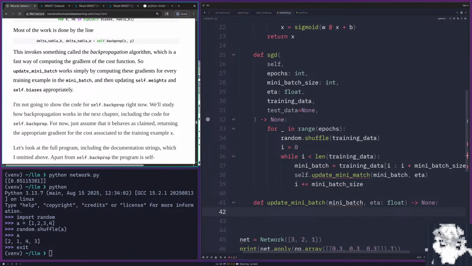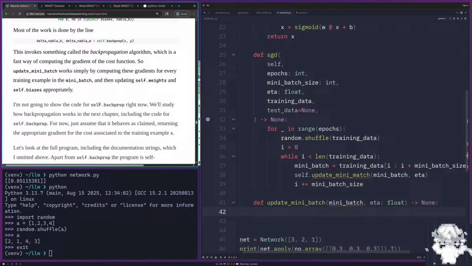A fast way of computing the gradient of the cost function. So update_mini_batch works by simply computing these gradients for every training example in the mini batch and then updating self.weights and self.biases appropriately. I'm not going to show the code for self.backprop right now.